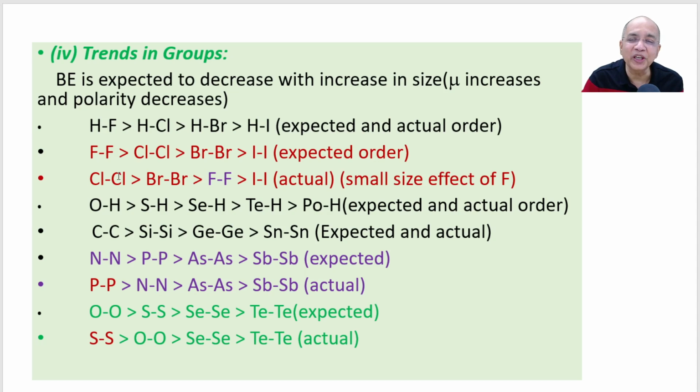But in the actual order, the strongest bond energy is chlorine-chlorine, and ironically fluorine-fluorine, which is expected to be the strongest bond, is now the third highest. It is just after bromine-bromine. What has happened to fluorine-fluorine to make it third in the hierarchy? It is because of its small size.